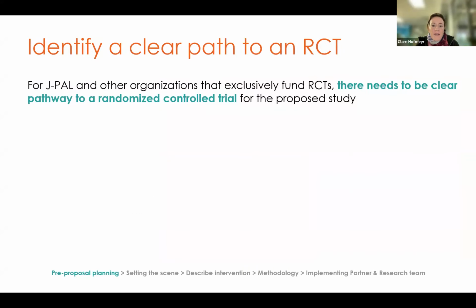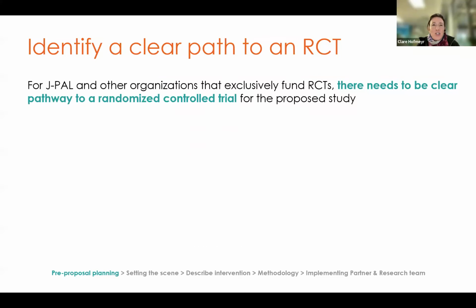So for JPAL and other bodies funding randomized evaluations, such as IPA, it's imperative that there's a clear pathway to a randomized control trial for the study you're proposing. So we do have these exploratory grants, and in how life works is sometimes you may discover that you cannot do a full RCT because, say, you find implementation of the program is not yet reliable enough or take-up is too low.